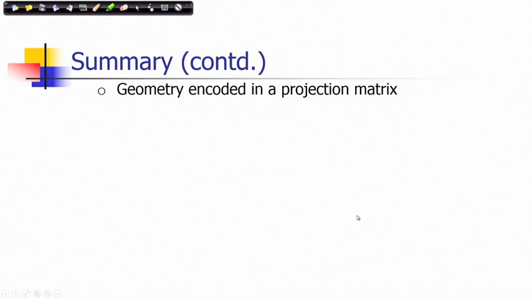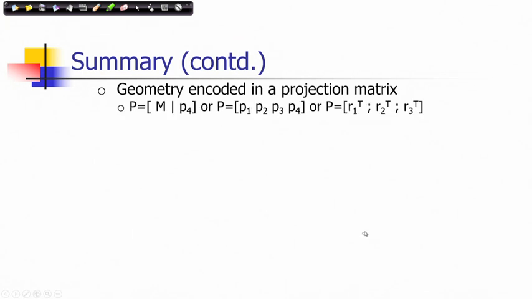Then we discussed the geometry which is encoded in a projection matrix. Projection matrices can be represented in different forms to express these relations. As we can see, we can have a form of M P4. These are the notations we have used.